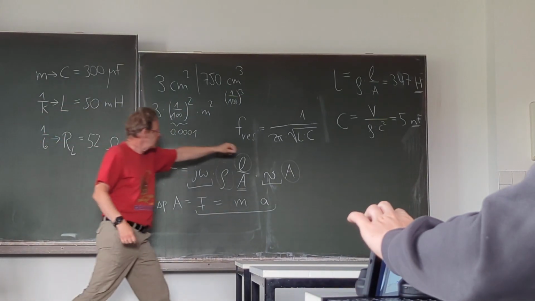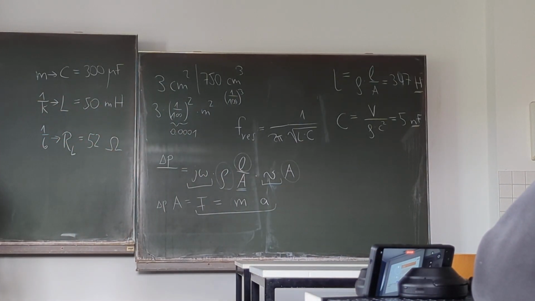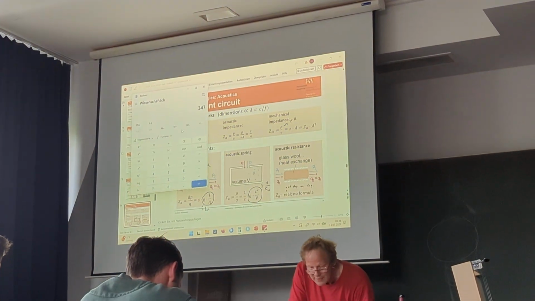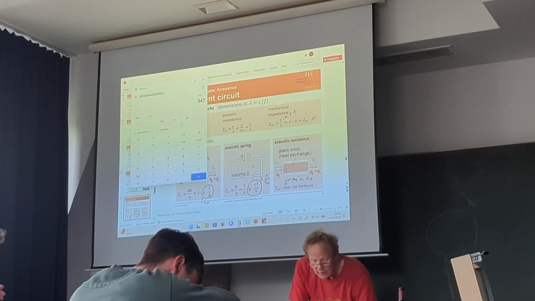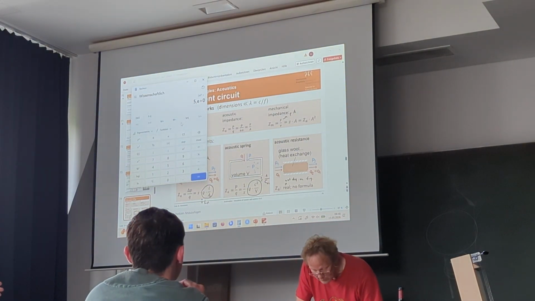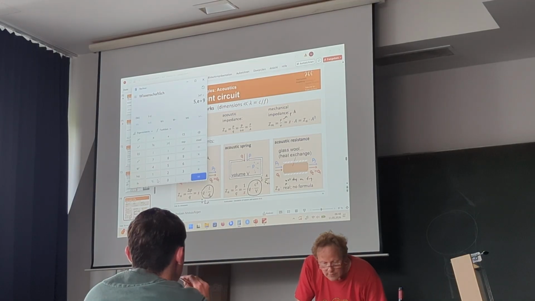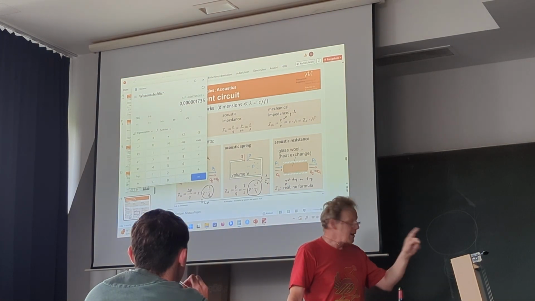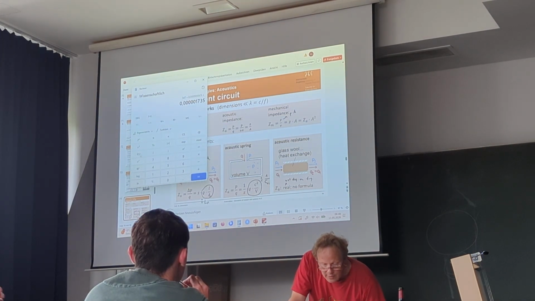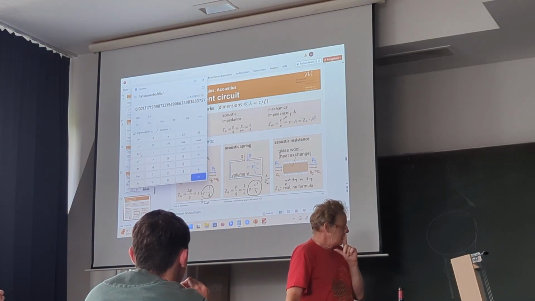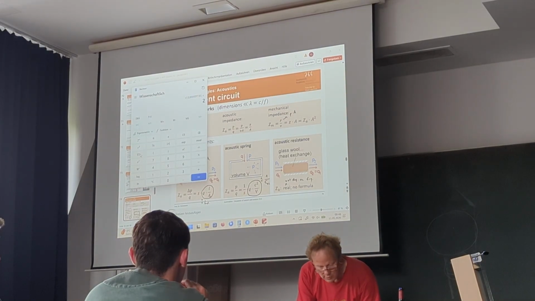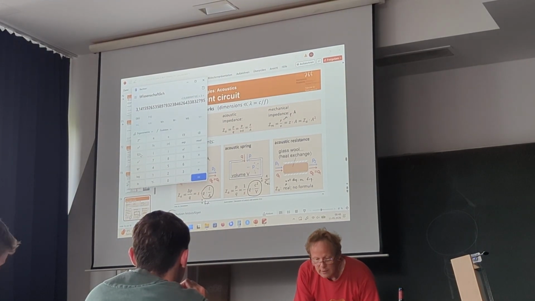The resonance frequency. So we multiply L with C, and we have 347 multiplied with 5 times 10 to the power of minus 9. Okay. Then we need the square root of L times C. Then we have to multiply this with 2 times pi.